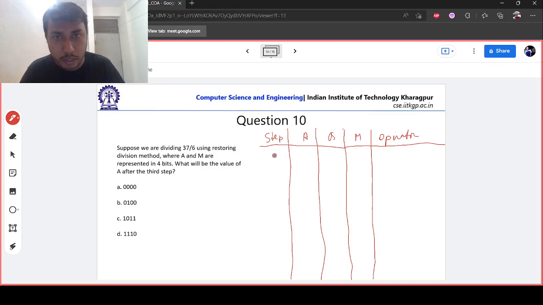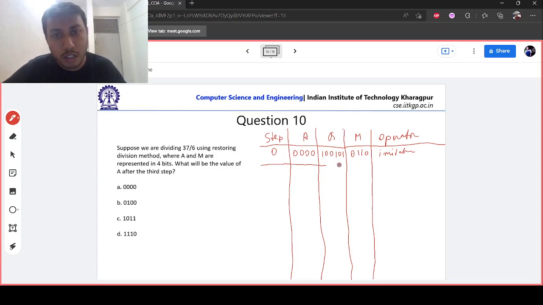So what is step 0? Step 0 will initialize the elements. A will be the accumulator, that is 0 0 initially. Q will be in this case 37. So what is 37? 37 will be 1 0 0 1 0 1. It is 32 plus 4 plus 1, 37. M will be 6, 0 1 1 0. So this will be the initialization.